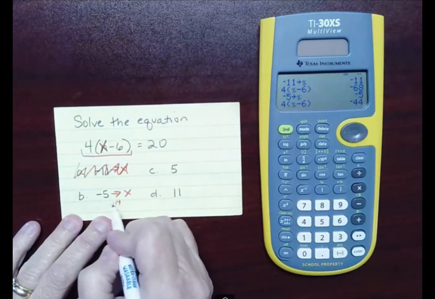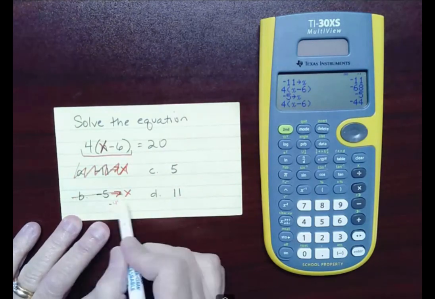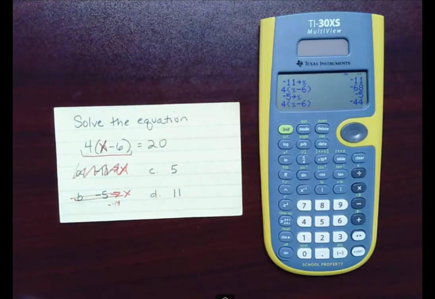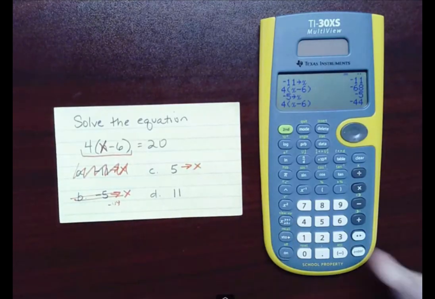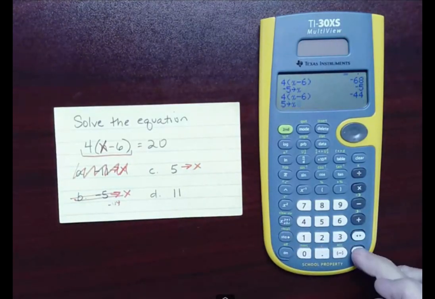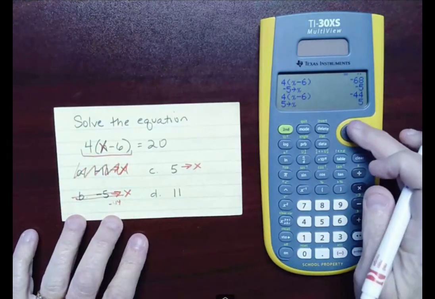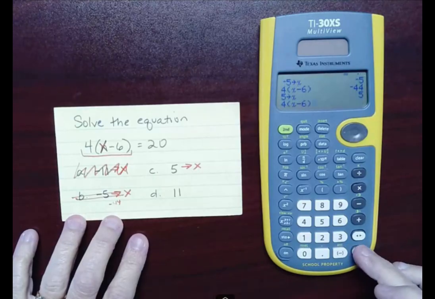Well, negative 44 is not the answer I'm looking for. I'm looking for 20. That's not the right answer either. So now we're going to go on to answer choice C. We'll store 5 for x. 5 store x, enter. I need the same expression again. We can scroll up till it's highlighted. Hit enter. It will copy and paste it to the bottom.